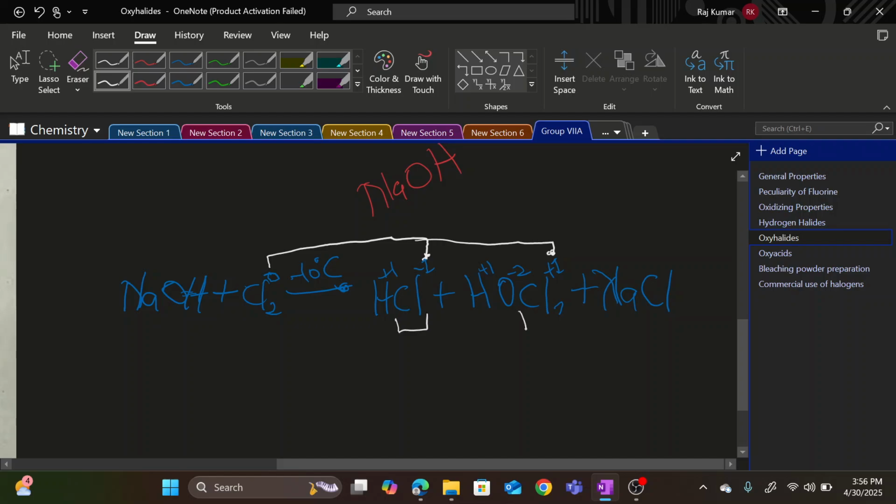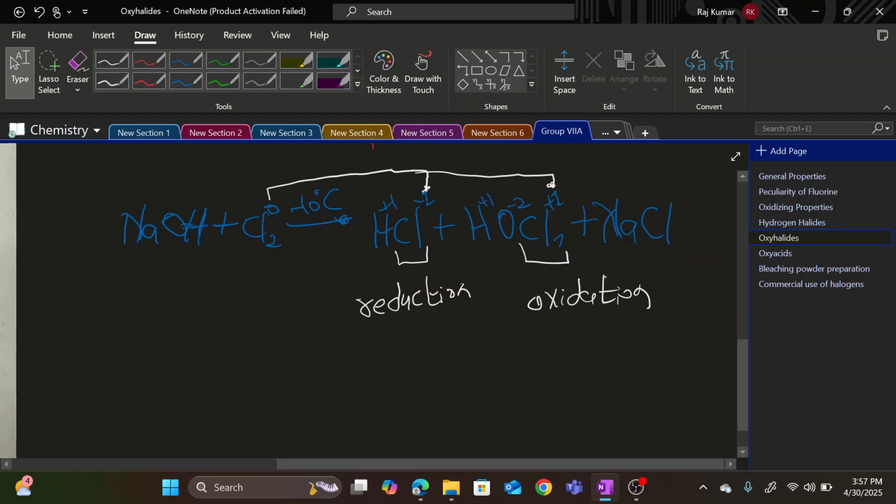Because a particular compound is being both oxidized as well as reduced in the same reaction, this type of reaction is named a disproportionation reaction. I'm not sure about the actual spelling, but disproportionation reaction.